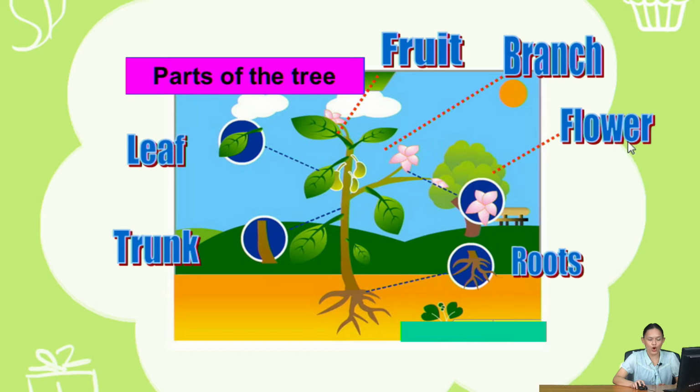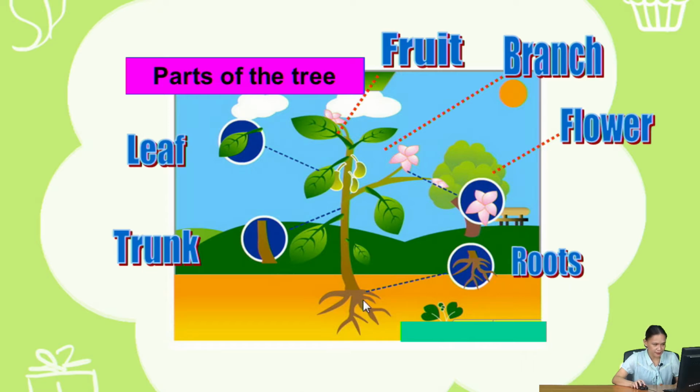Flower. F-L-O-W-E-R. Flower. So flower, it looks like this in a tree. Okay, that is a flower. And of course, the important part of a tree who supports everything in a tree, it's called roots.